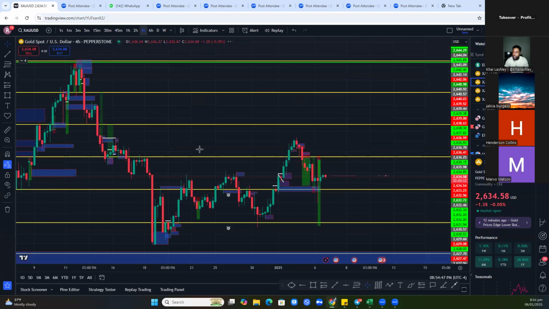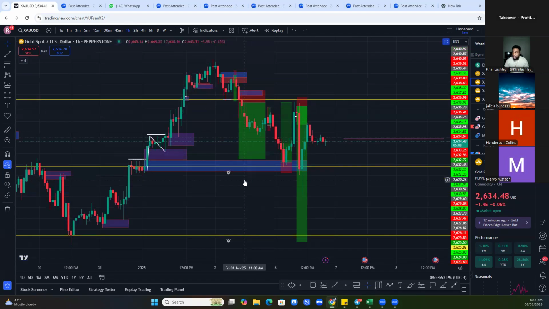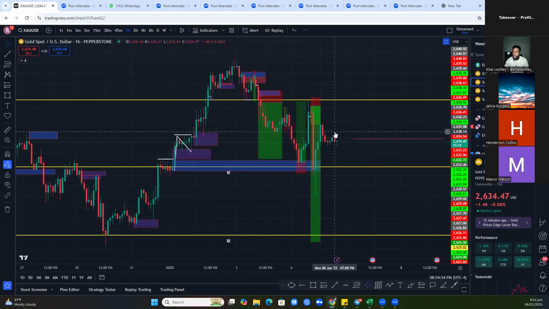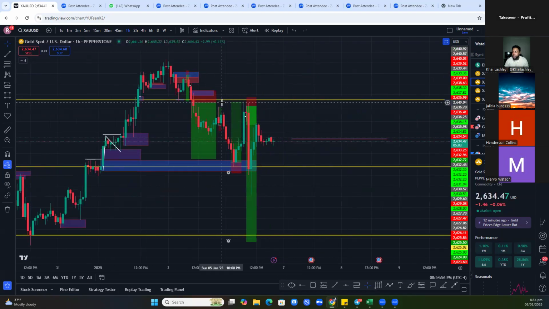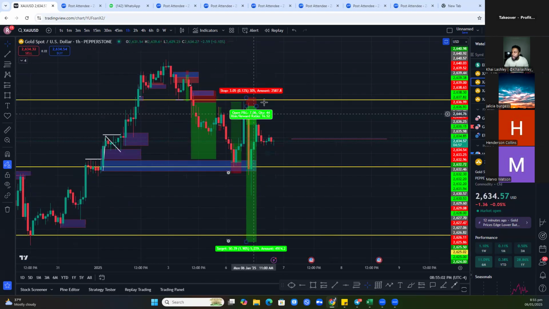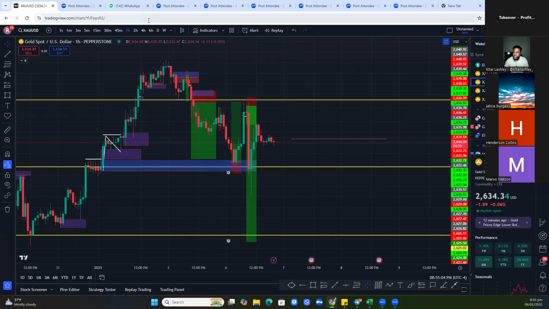Okay. So for our time frame, I'm looking for price to come lower on gold. Let's see how we get there. I was really looking for the market to come back up before I got these confirmations to sell.